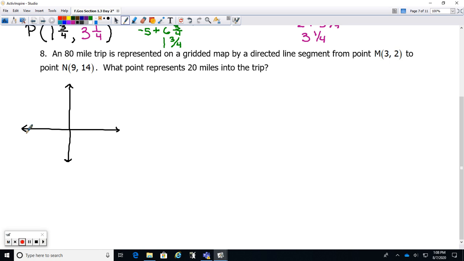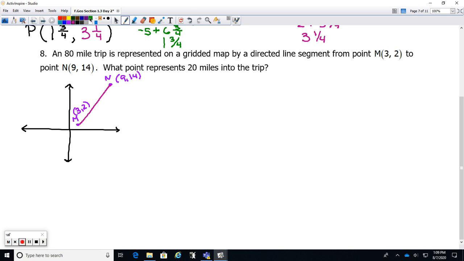So I'm just going to estimate then (3, 2), over 3 up to somewhere low here. And then over 9 up 14 is going to be somewhere high. So again, we're not counting little spaces. We're just estimating. M is (3, 2). And again, here's the trip from here to here. They want to know what point represents 20 miles into the trip.